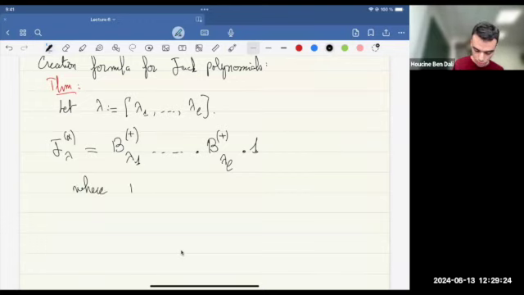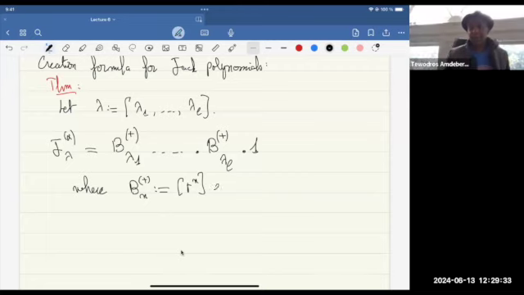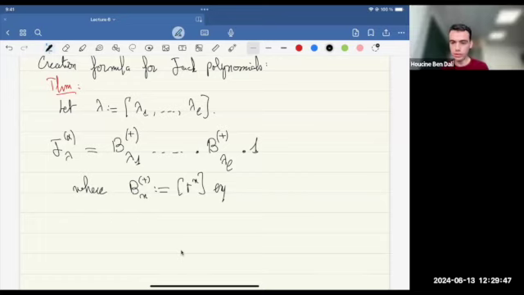So this Bn plus, this is the coefficient of t to the power n. Question? Yes. Is this reversible? Do you have annihilation operators? You have a creation formula. Yes, I think so.